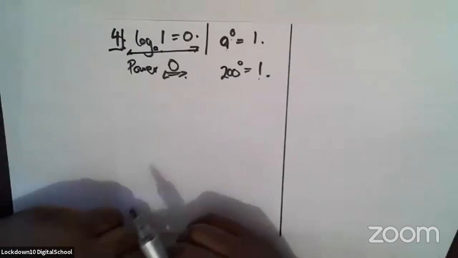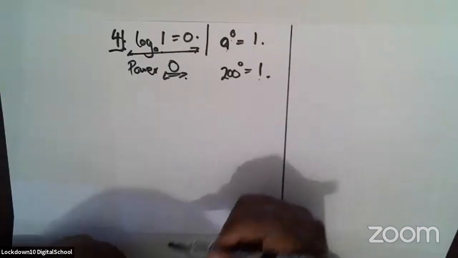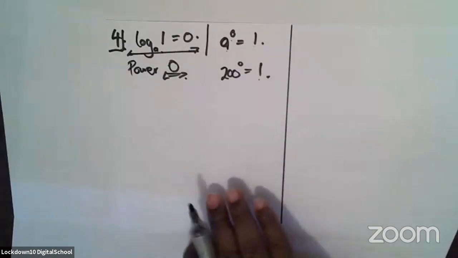So that is the fourth law of logarithm. We can use these laws interchangeably. If I say interchangeably, I mean I can move from this part, simplifying it like this, or I can move from this part, simplifying it and going this way.